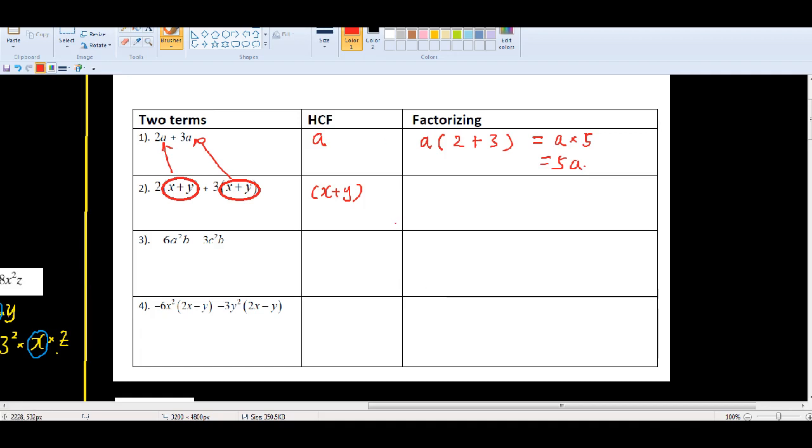So if we got the HCF, can we do the factorization? Of course we can, right? Just like what we have done, HCF is the common factor. Now you take it out, you got 2 plus 3, 5. So basically you got this one. So you see, we can do similar things using similar concepts.